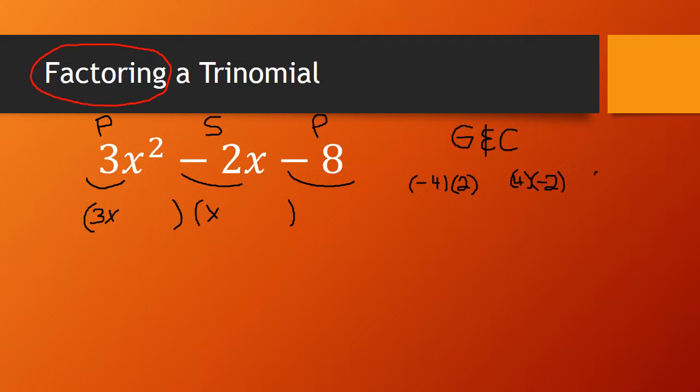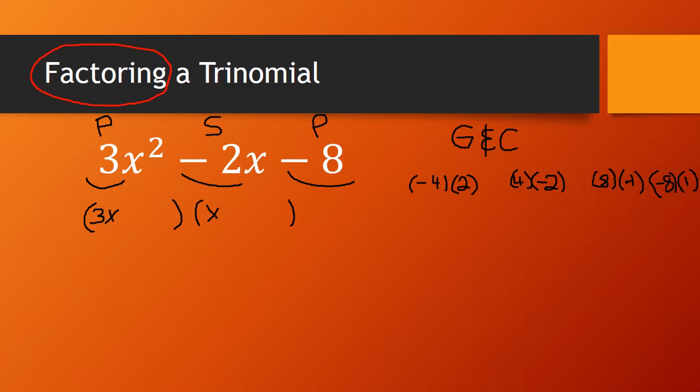I also can use 8 times -1, or -8 and 1. So as you can see, guys, it's a lot of guessing and checking. So be smart about your choice.